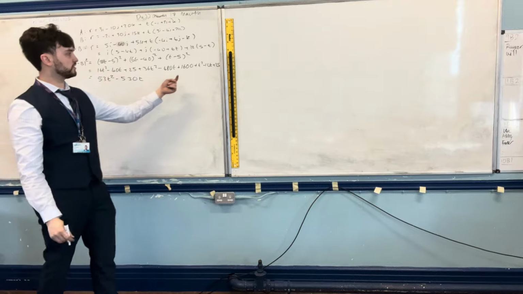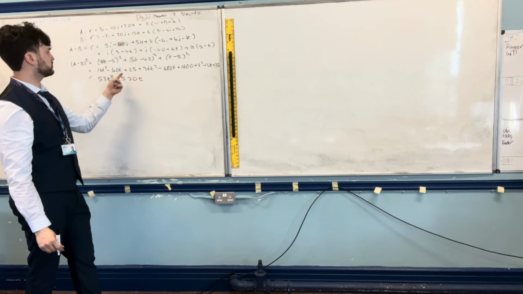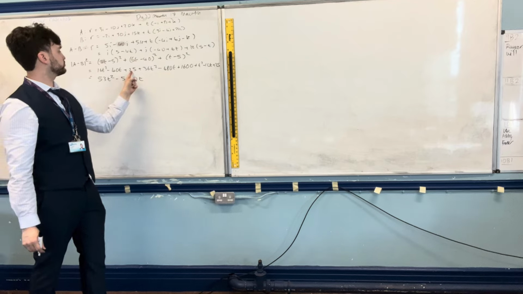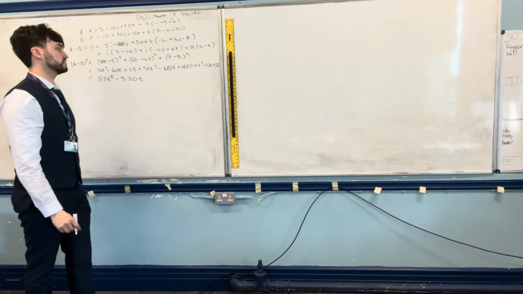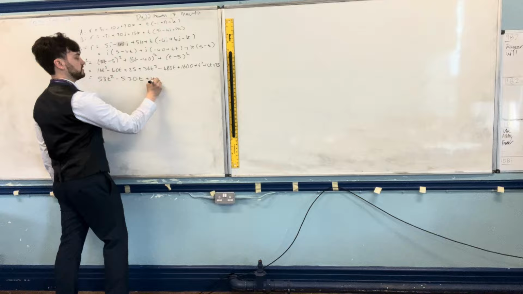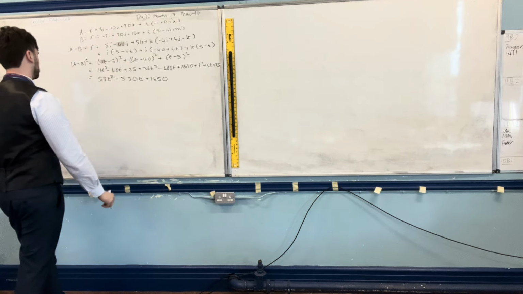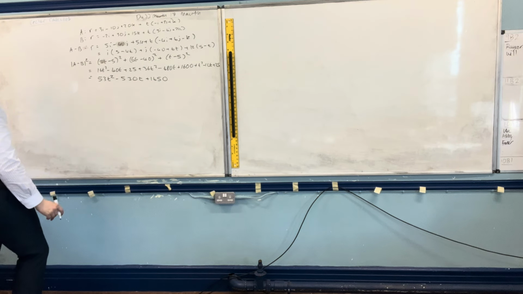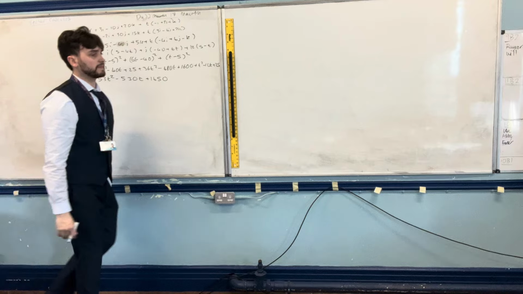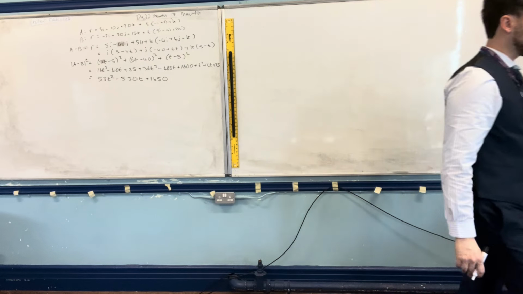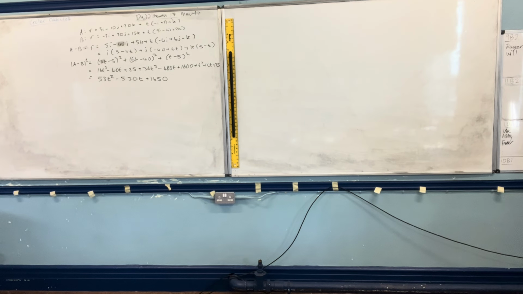And then 25, it must be another number, yeah, there must be. Well, 25, 25 and 1,600, so it's 1,650. And is that what they wanted? Yes, exactly that, perfect.